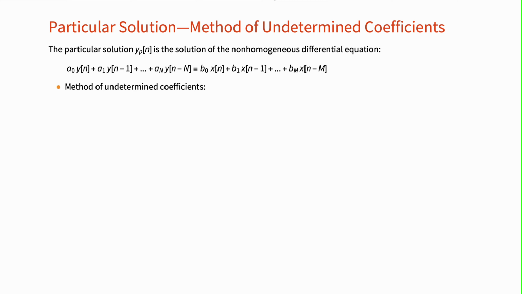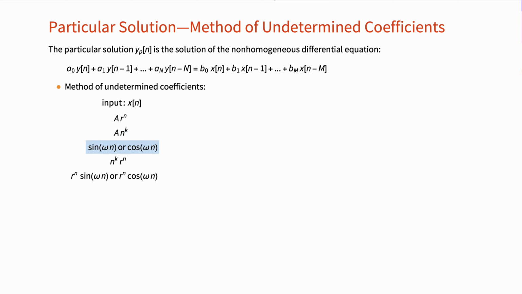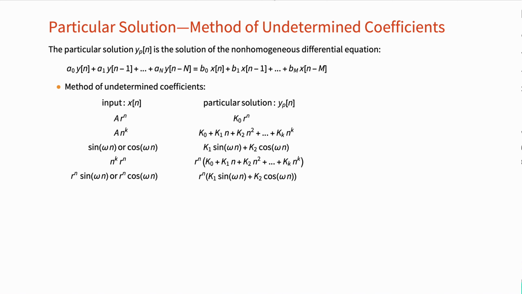Using this method, if the forcing function on the right-hand side of the non-homogeneous difference equation is in one of the forms shown here: exponential, also exponential form with the dependent variable as the base, sinusoidal, product of the two exponential terms shown above, or product of exponential function r^n and a sinusoidal, then the solution can be expressed in a similar form as shown here with some undetermined coefficients.